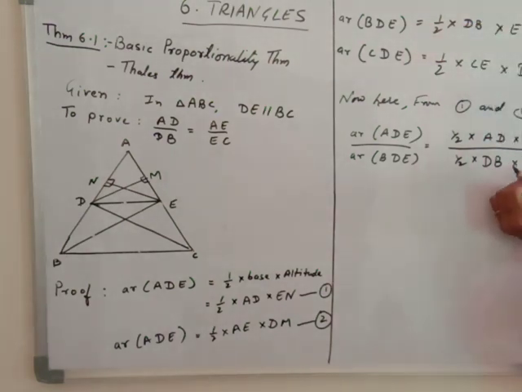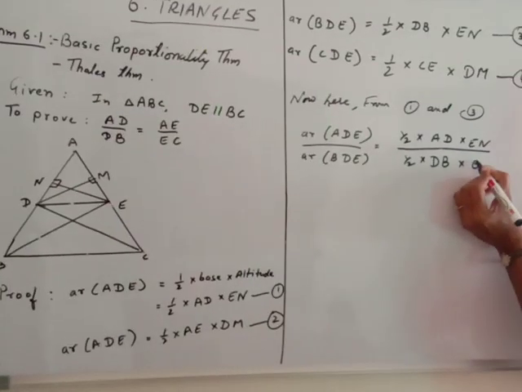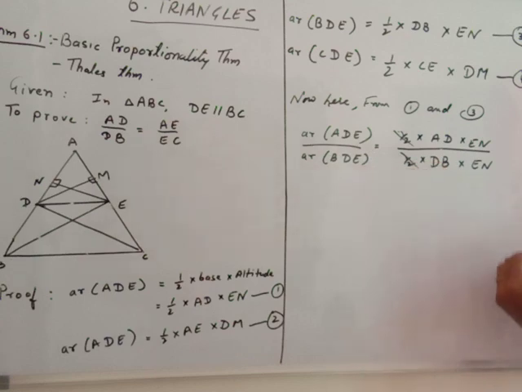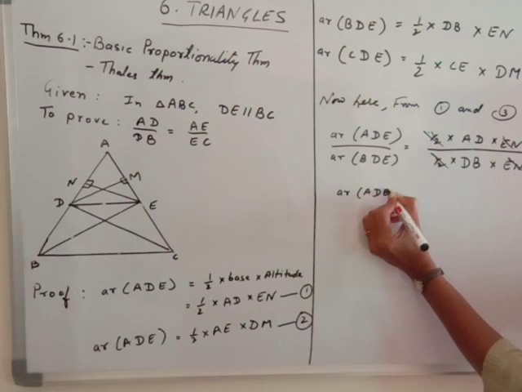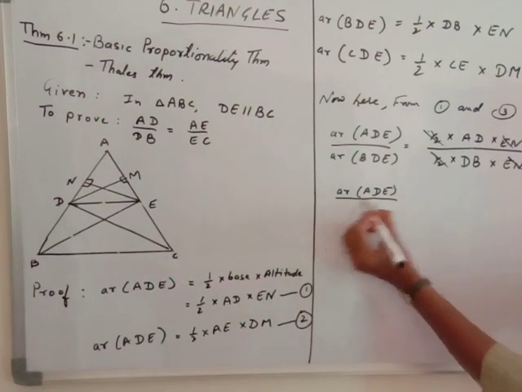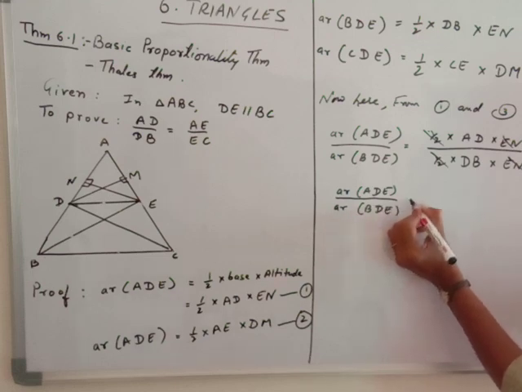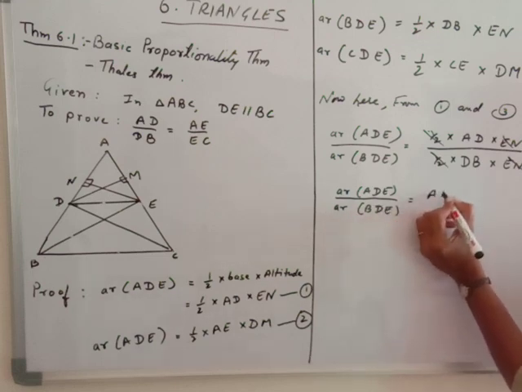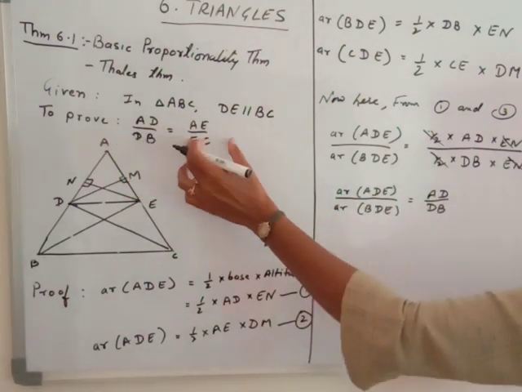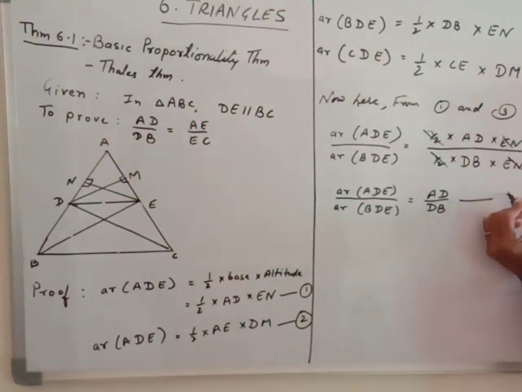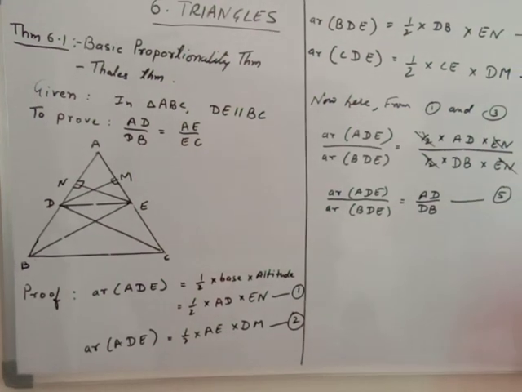Okay, into EN. Now you see, half cancels, EN cancels. What is left? Area of ADE upon area of BDE is equal to AD upon DB. I got one part. Now I want the second part. So this is my equation number 5.